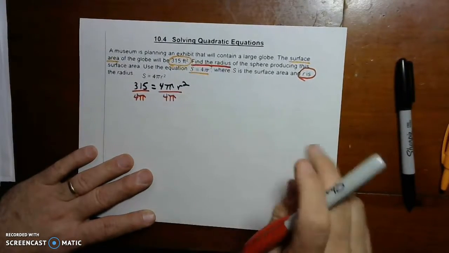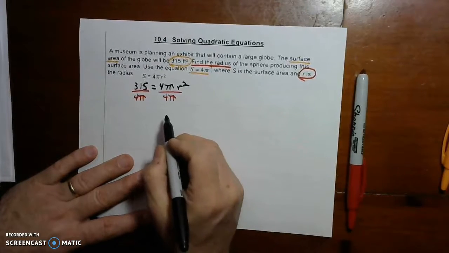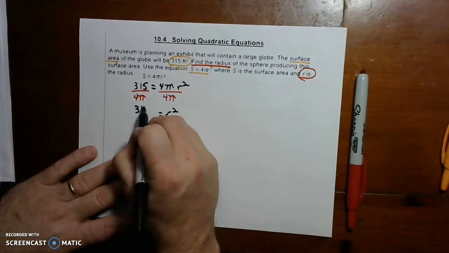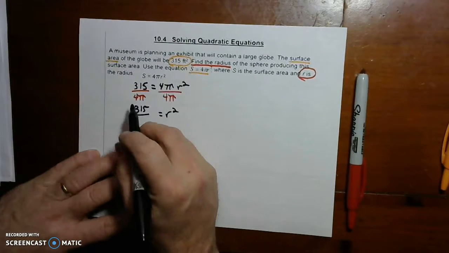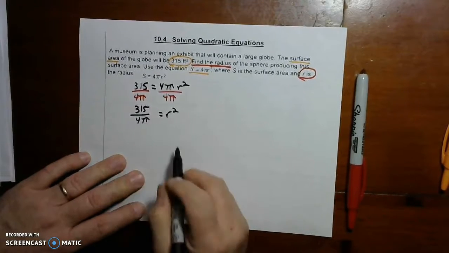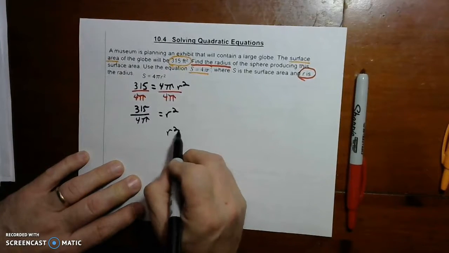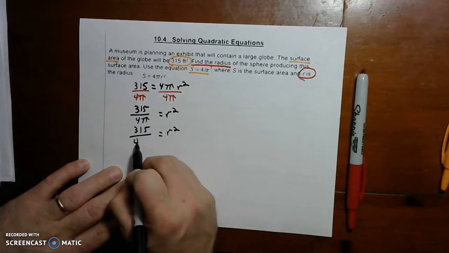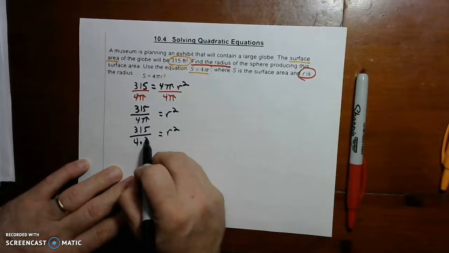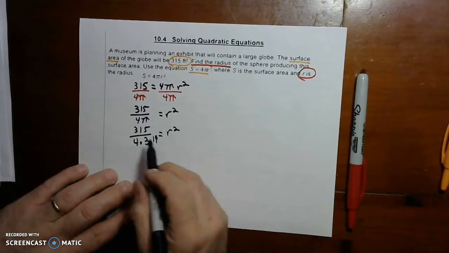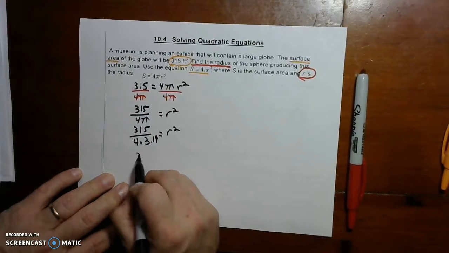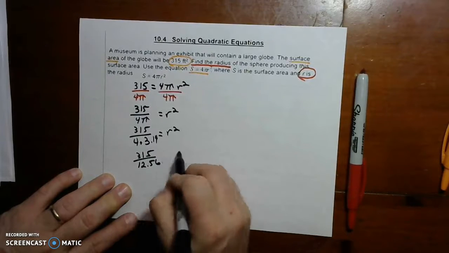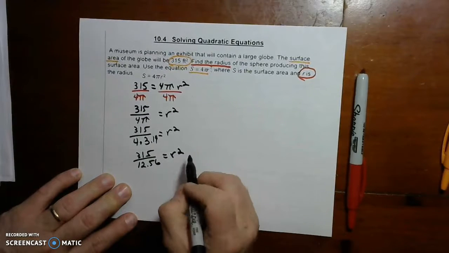That leaves me with r squared equals 315 divided by 4 pi. So r squared equals 315 divided by 4 times 3.14. So that's 315 divided by 12.56 equals r to the second power.